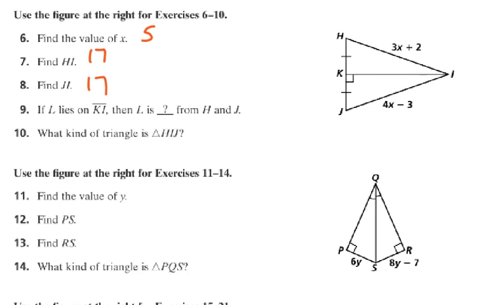And it says, if L lies on line segment KI, then L is what from H and J? So they want us to create another point. Let's just make it here and call it L. Anything that lies on the perpendicular bisector is going to be equidistant from J and H. No matter where it is.